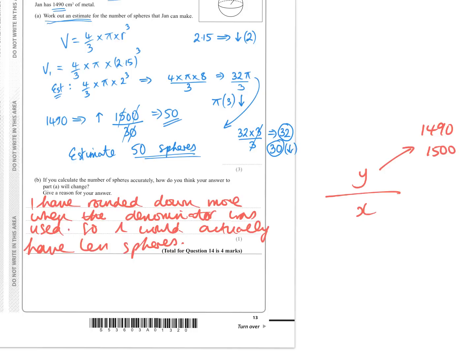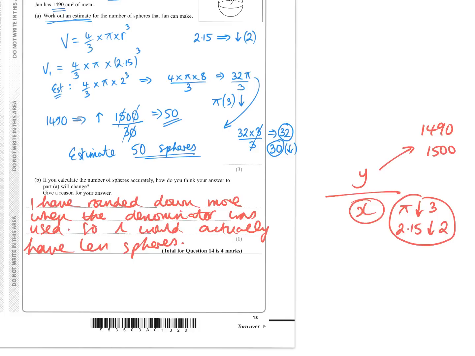However, for the denominator, I involved the number pi, which I rounded down to 3, and I had 2.15, which I rounded down to 2, but that was cubed, so I rounded it down really, in effect, 3 times as a multiple. So I rounded down the denominator, x, a lot more. Now, in reality then, that denominator would have been actually much greater than it was. Well, not much greater, but greater than it was.